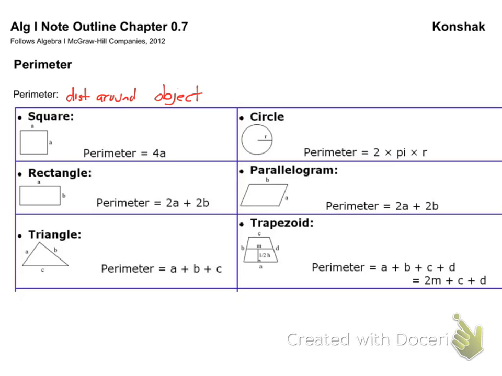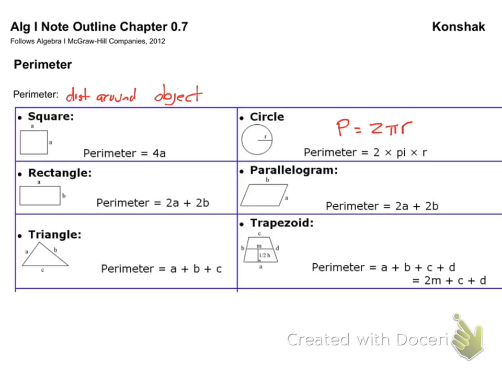We use them as variables. So it might be better to say 2 pi r. So P, perimeter, equals 2 pi r. That might be a better option. That is the circumference, another word for perimeter, right? We'll get to that later on.